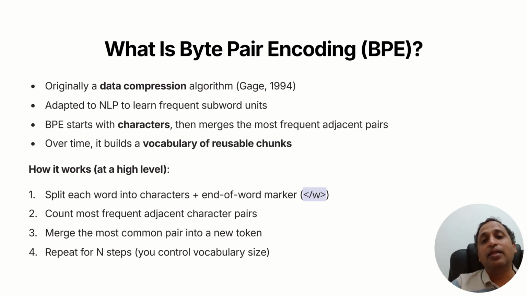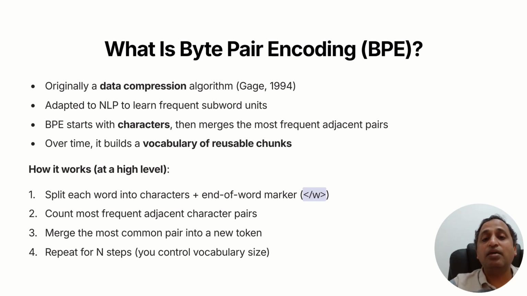It keeps repeating this in a recursive manner. Then it finds the most frequent pair and merges them into a new token. For example, L and L might become LL. You repeat this process for a fixed number of steps. Sometimes it could be 1,000, 10,000, 50,000, depending upon the amount of words or vocabulary you are training.